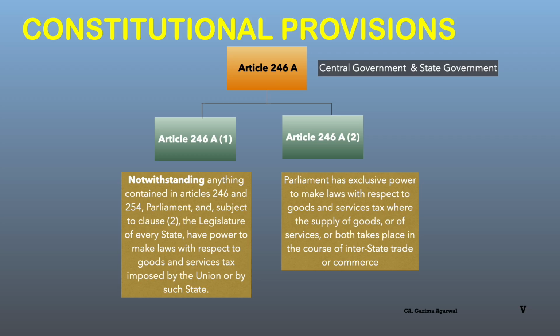So, to sum it up, Article 246A is the constitutional engine of GST. It broke the old barriers of union and state lists and created a new unified field of legislation. It allows the center to tax intra-state supply alongside states while reserving the exclusive power over interstate trade to the center.